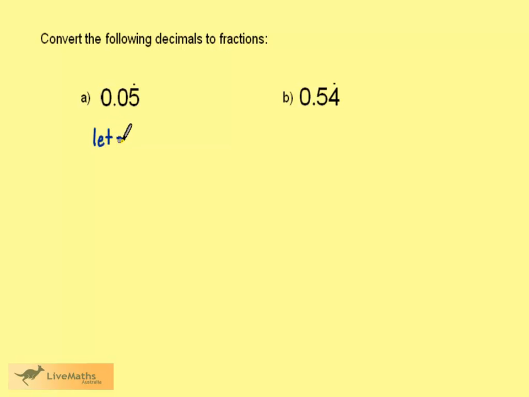We let x be equal to 0.05 recurring. 0.05 recurring with the dot only over the 5 means 0.0555 and so on to infinity. The dot is only over the 5, so it's only the 5 that recurs.